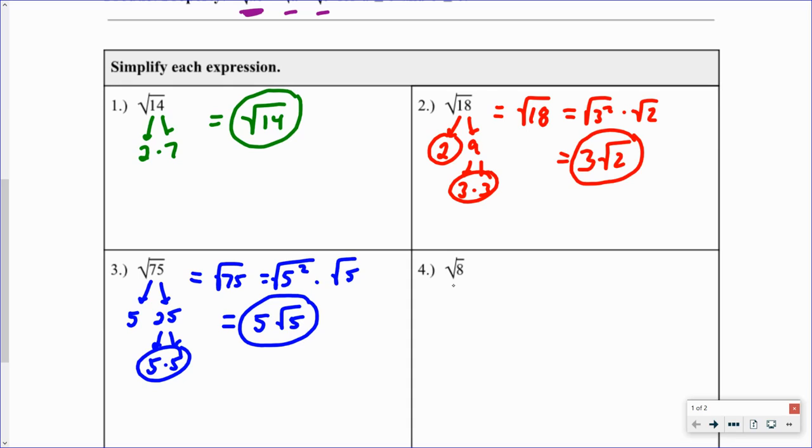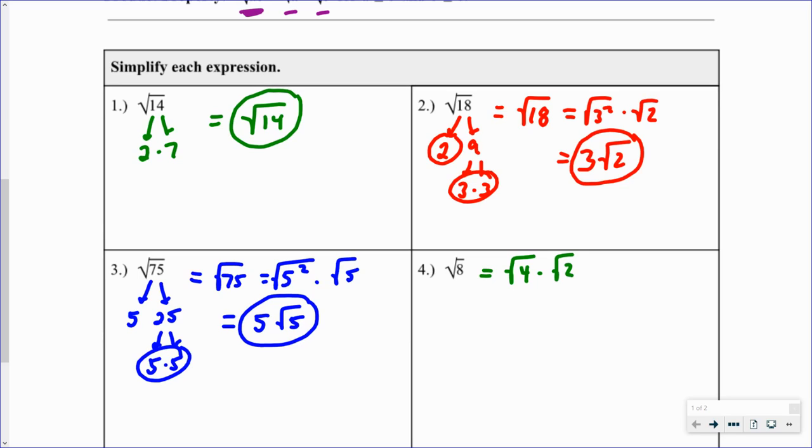All right, square root of 8. So in this scenario, I'm not going to find the prime factorization. What I'm going to do is think to myself, do I know of any perfect square factors of 8? Well, 8's divisible by 4, and 4 is a perfect square. So I'm just going to rewrite this as the square root of 4 times the square root of 2. If we multiply 4 times 2, we get 8.